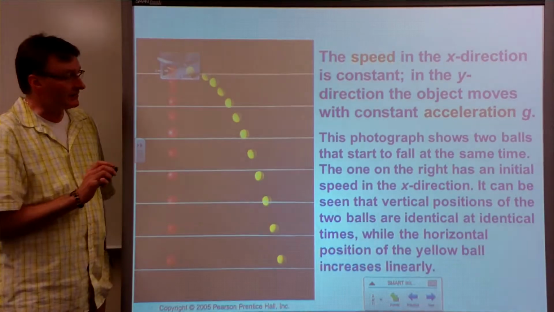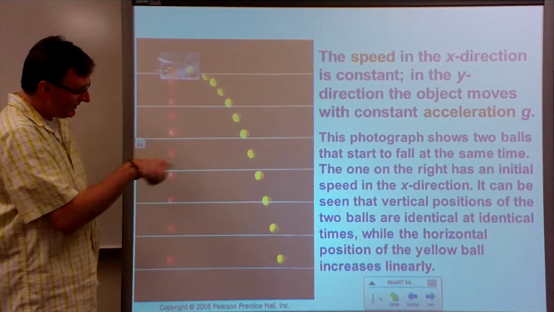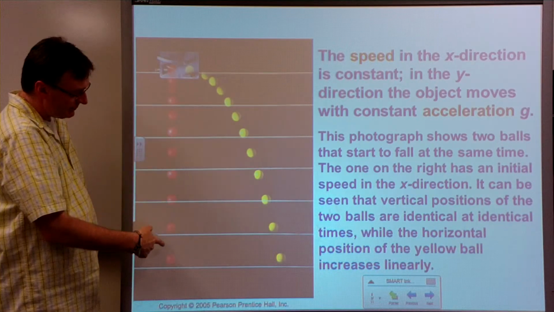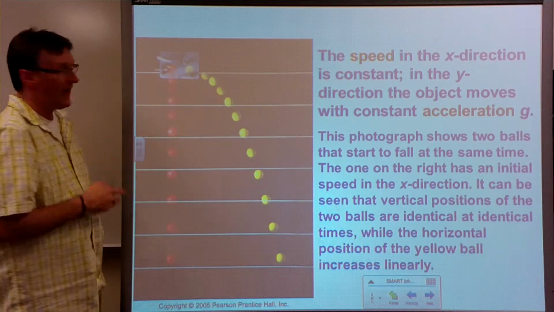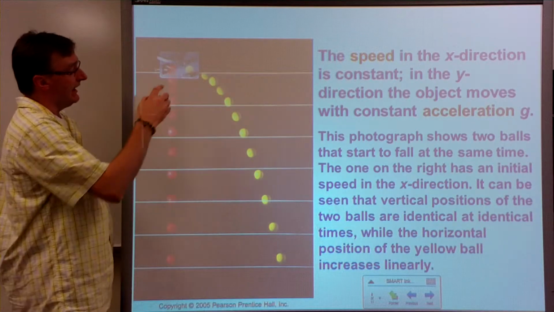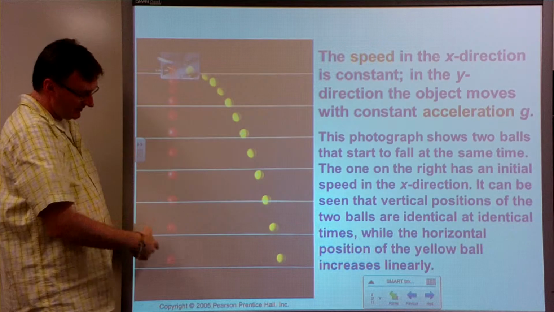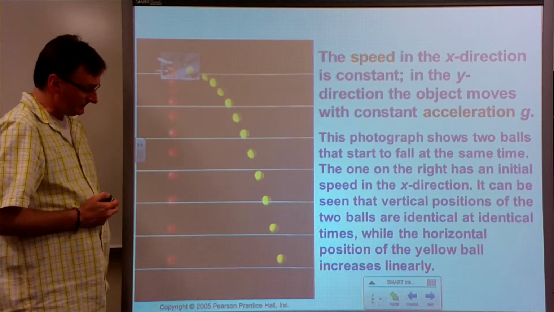And this illustrates it nicely here, because what they've done is launched two balls, a red one and a yellow one, at exactly the same time. One is given an x component of velocity, and the other one is simply dropped straight down.